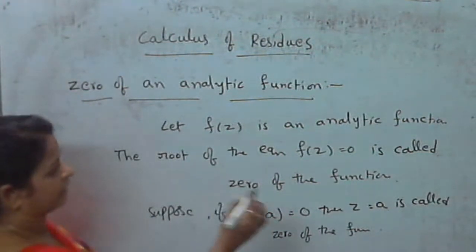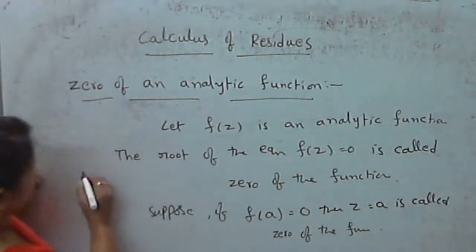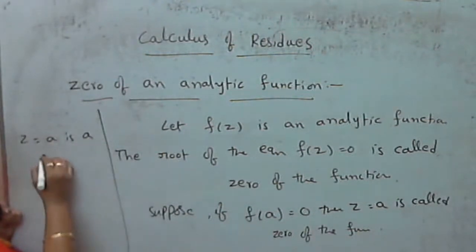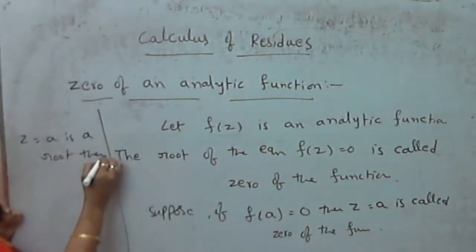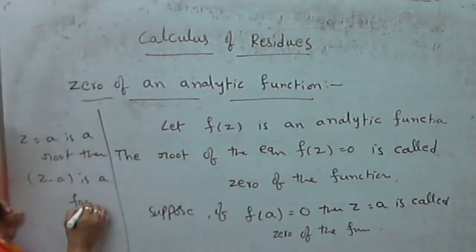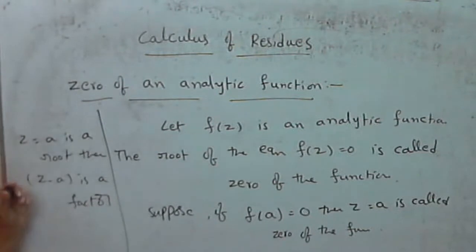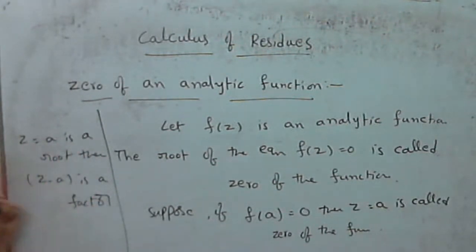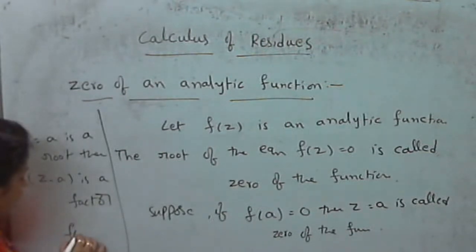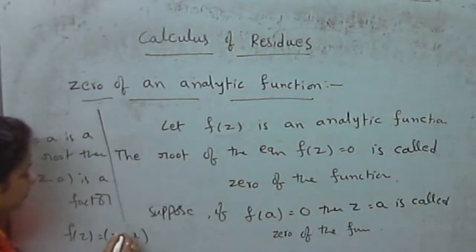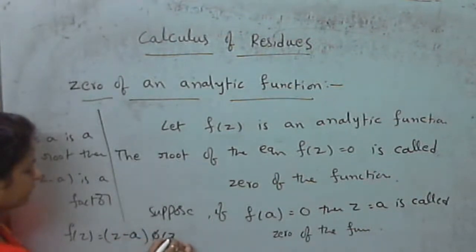If z equal to a is a root, then z minus a is a factor. If z equal to a is a root of the function, then z minus a is a factor of the function. So, f of z can be written as z minus a into pi of z.